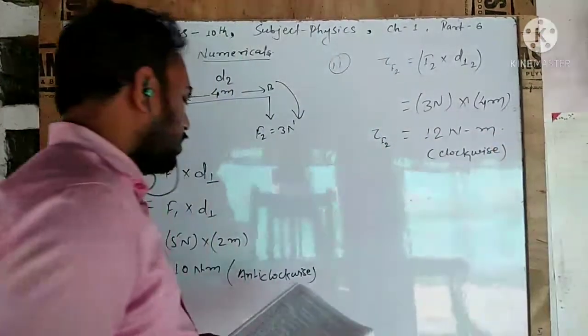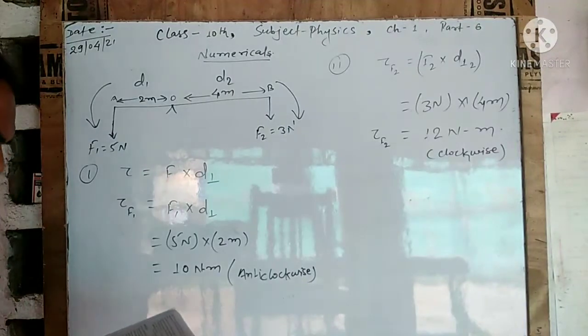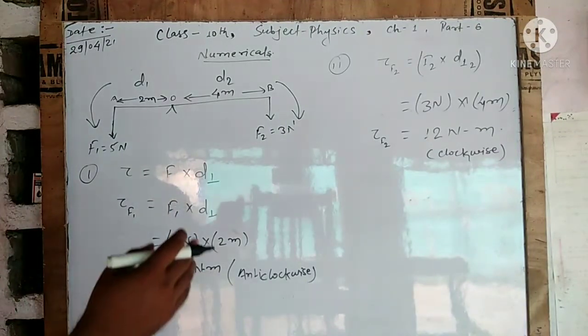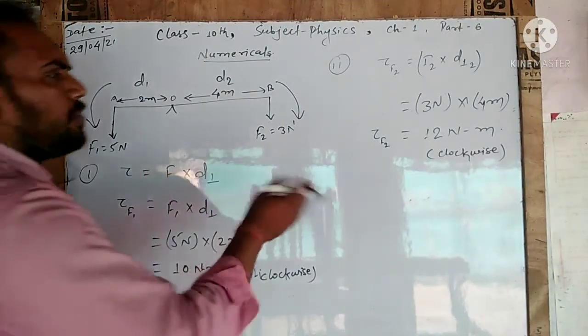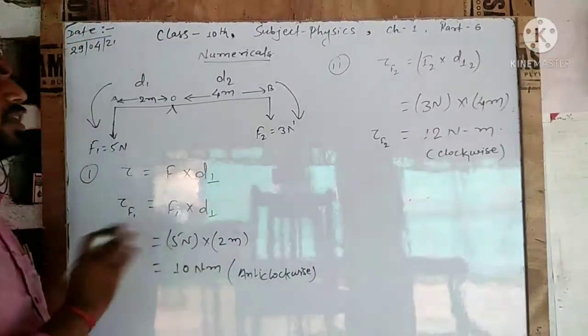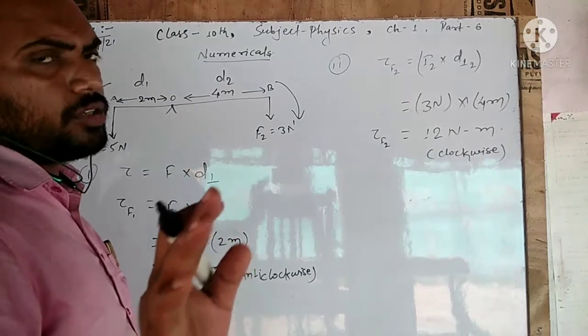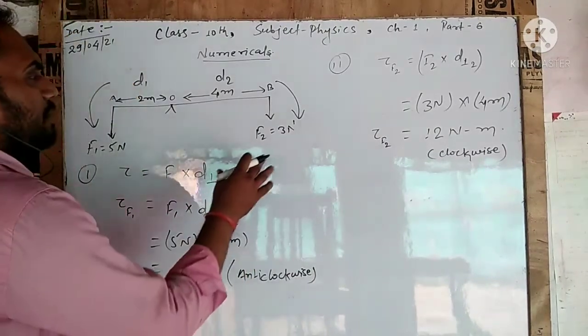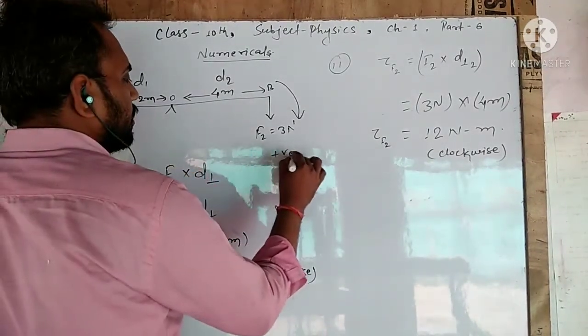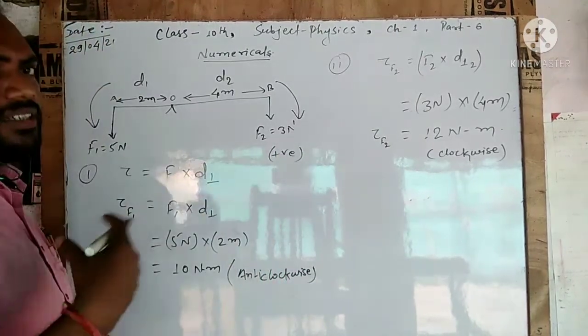Now select one of them as positive while the other as negative. Whatever you select is by yourself. Since I am selecting this as positive, it is a sign convention. It's up to you.